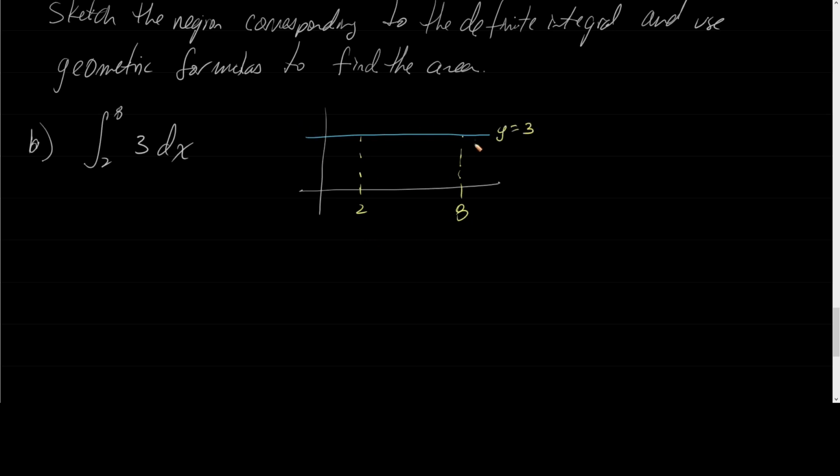So what does that tell us? Well, we have that this distance right there is 3, and this distance right there, we're starting at 2, going all the way up to 8. Subtract bigger minus the smallest gives us 6. So we have a rectangle here, so we can say that this is equal to 3 times 6. And 3 times 6 is 18. Cool.